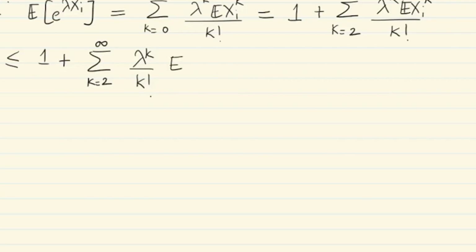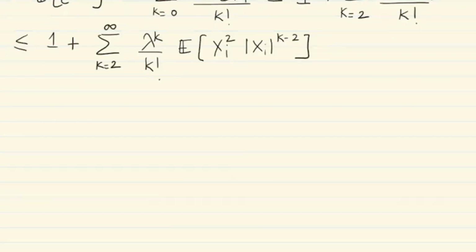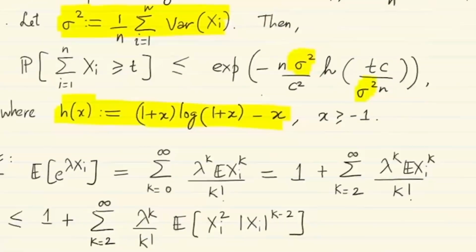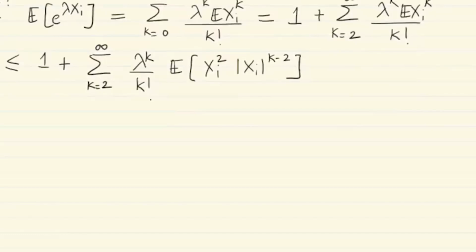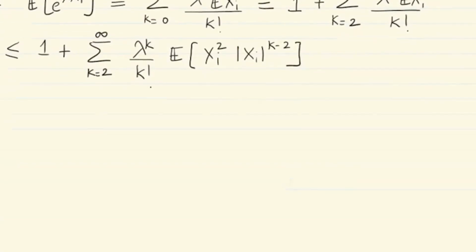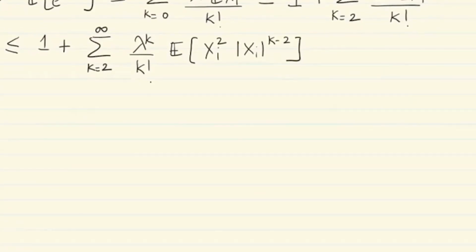So we have expected value of xi square and the absolute value of xi raised to k minus 2. By putting the absolute value in, we can make an upper bound. And let's now invoke the bound that the absolute value of xi is at most c. Whatever is remaining is the expected value of xi square, which is just its variance.